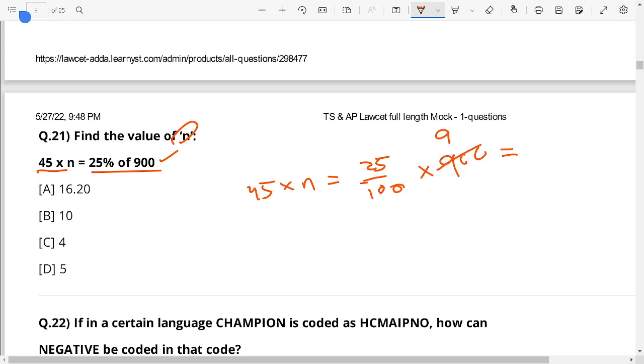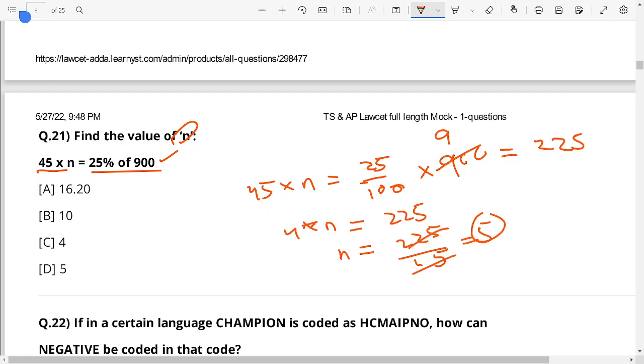Now it can be written as 45 into n equals 225. Now we can write n equals 225 divided by 45. 45 fives are 225. The right answer is 5. So option D is the right answer. Next question. We have another coding and decoding question.